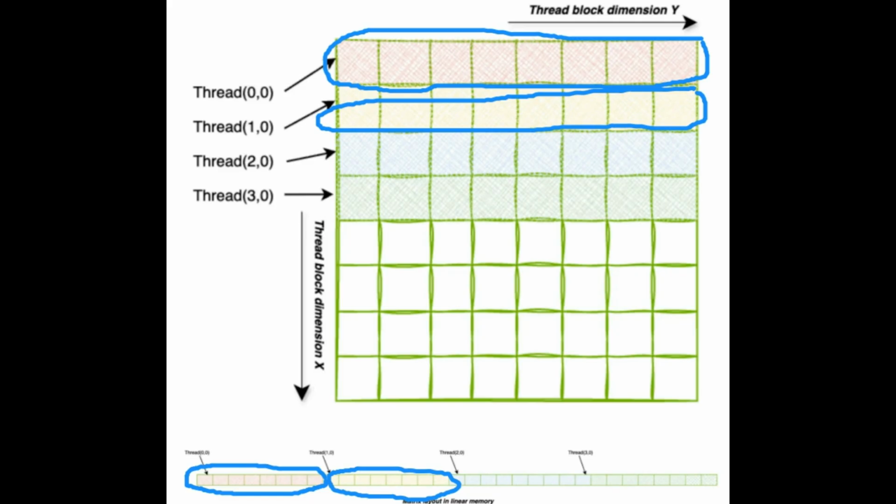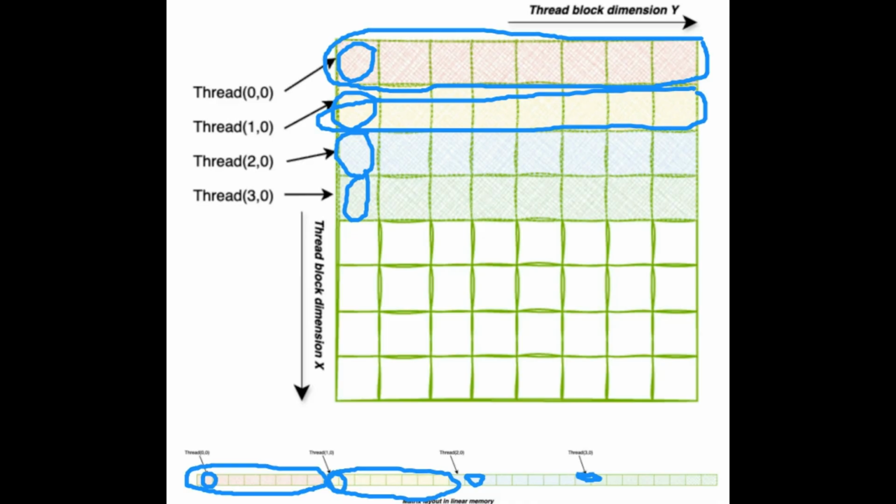If a thread is accessing this position in the array, it could be that the next thread in the warp is accessing this element here, and the next one there. So for instance, here we will not have coalescence in the access.